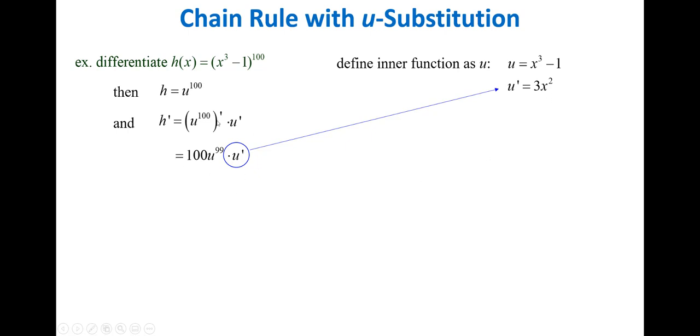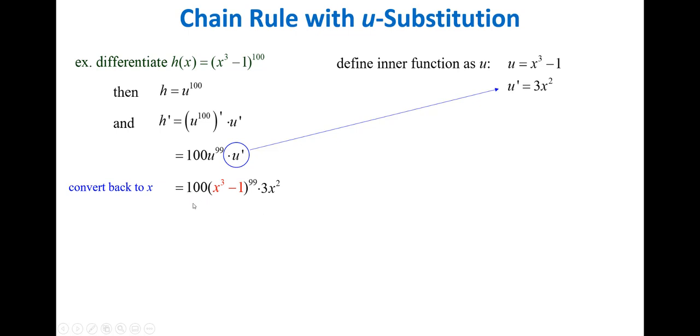And then I'll rewrite this because since this originally had a variable of x, your final answer also has to have a variable of x. It's like this whole u thing is happening backstage. So now plugging back in, now that both derivatives have been taken, this becomes 100 times x cubed minus 1 to the 99th, and then times u prime becomes times 3x squared.